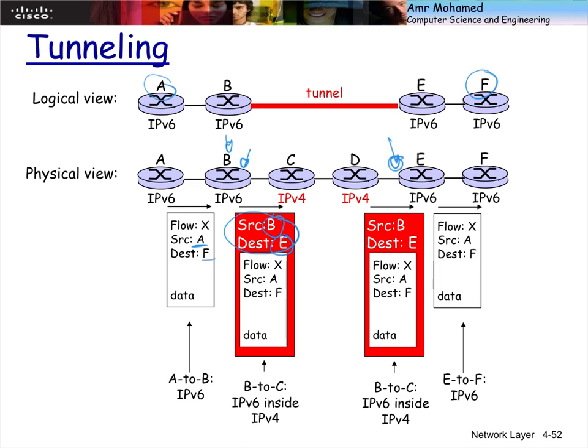Priority will be DSCP. Version will become 4 instead of 6, and so on. It will take each field. What about the flow label? The flow label doesn't have any correspondence. So put it in the options. Anything that you don't know a corresponding mapping for, put it in the options. That's what we have the options for.